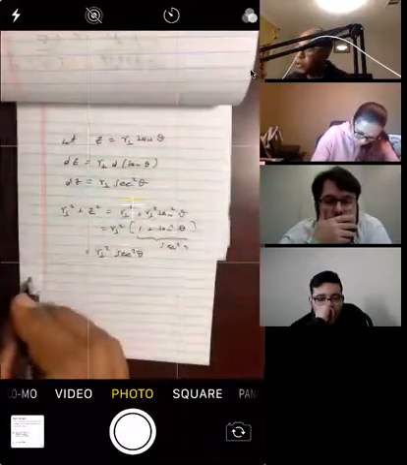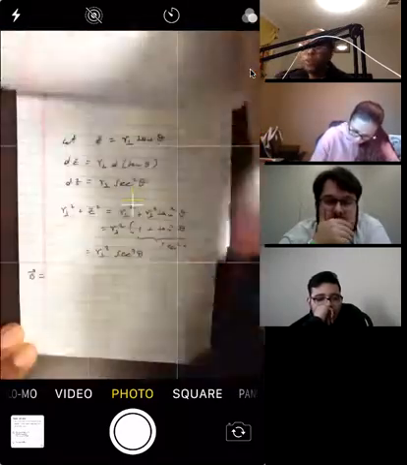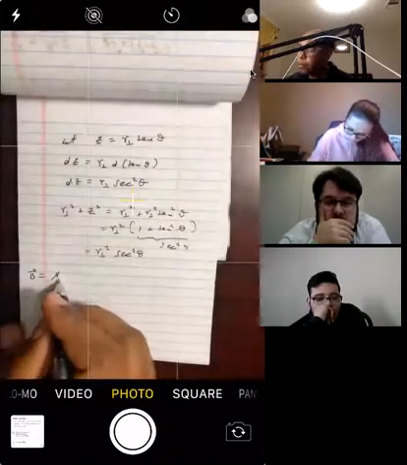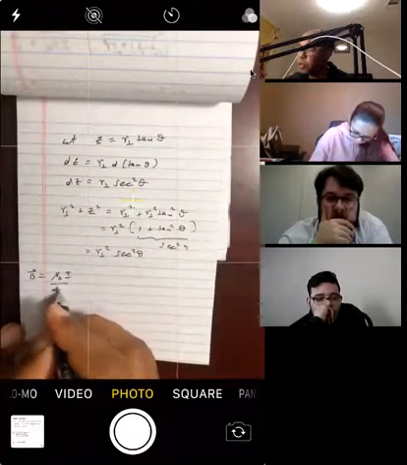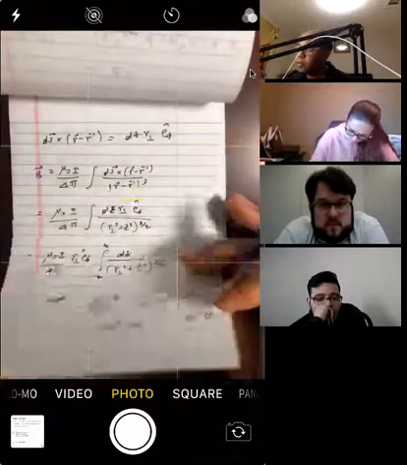So this B over here is mu naught I over 4 pi, and then of course we have the direction, r perpendicular e phi.